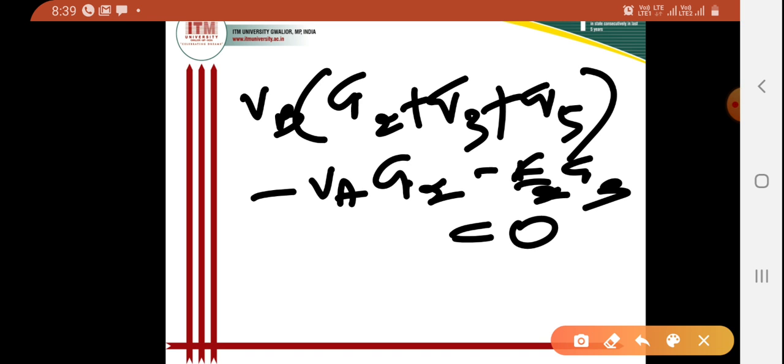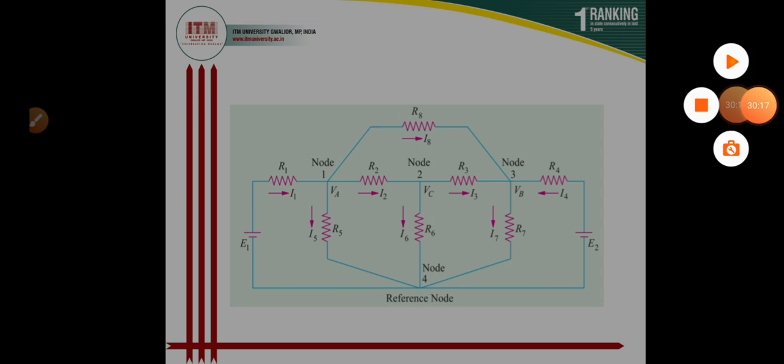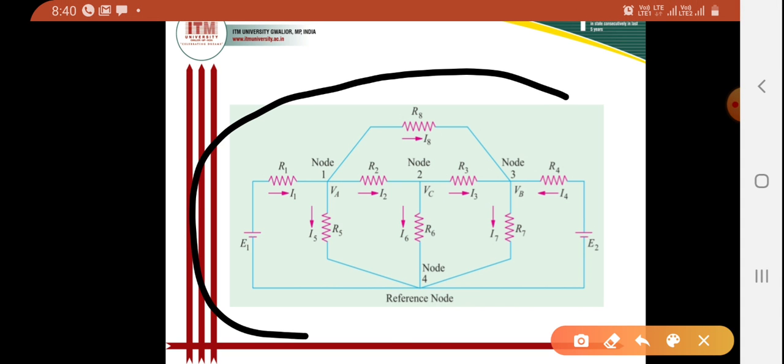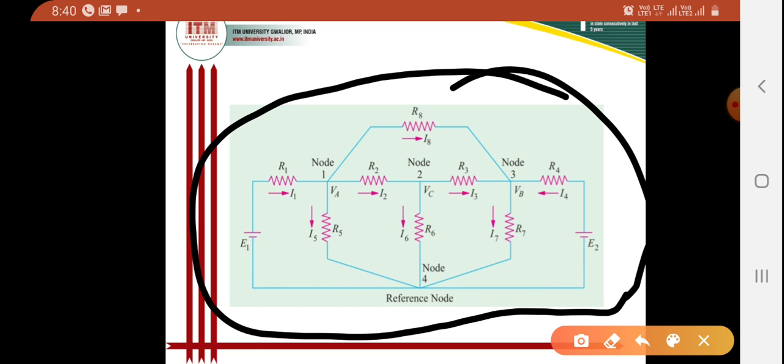So to emphasize the procedure as per conductance, we can consider the circuit.